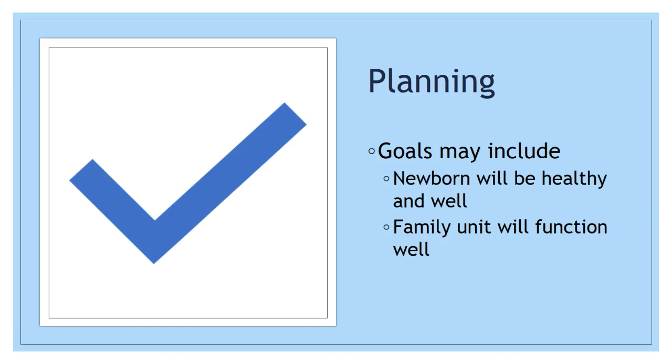Remember that birth and adding a new family member to your unit is a time of maturational crisis for these individuals. So the family has to learn how to adapt, whether they have 3 kids and they're adapting to the 4th one, or whether they are just a couple who are moving into being parents for the first time.